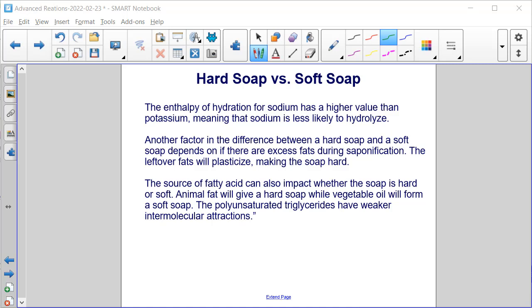The source of fatty acid can also impact whether the soap is hard or soft. Animal fat will give a hard soap, while vegetable oil will form a soft soap. The polyunsaturated triglycerides have weaker intermolecular attractions, resulting in a lower melting point or a softer soap.